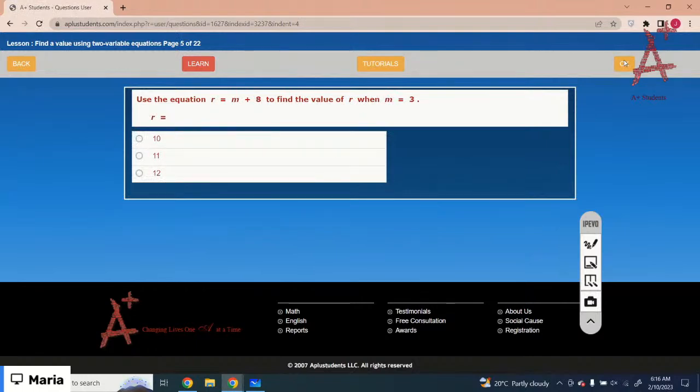Okay, the next one is use the equation r equals m plus 8 to find the value of r when m equals 3. So replace the m in the equation with the value. So it would be 3 plus 8.